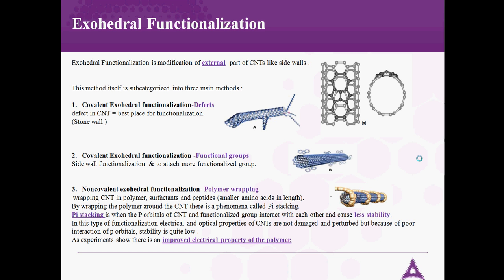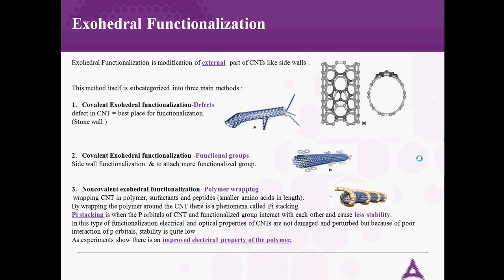Exohedral functionalization is modification of the external part or the sidewall of CNTs. This method itself is subcategorized into three main methods. The first one is covalent exohedral functionalization, or defects. As we know, defects on the carbon nanotube sidewalls are the best place if we want to functionalize.